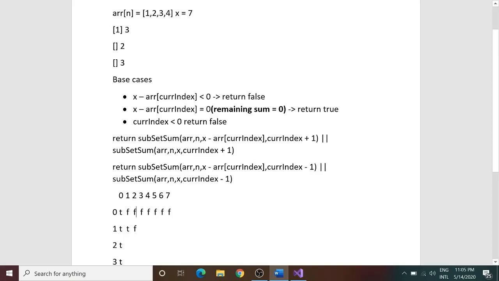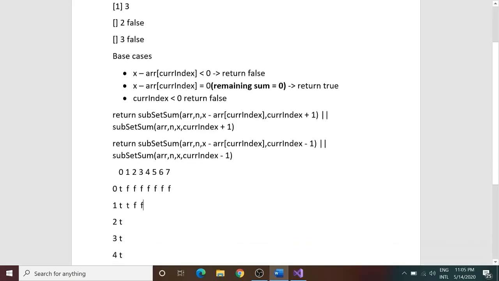The answer to this subproblem is false. Then an empty set with a leftover sum of 3, the answer to this subproblem is again false. Hence, if I take OR of them, the answer to this subproblem again becomes false. The same way we would be populating all of our DP matrix.